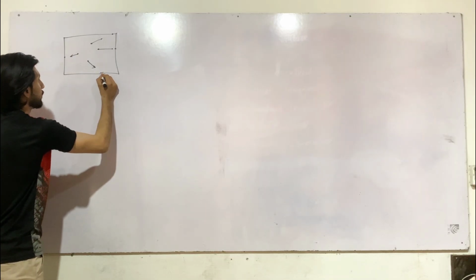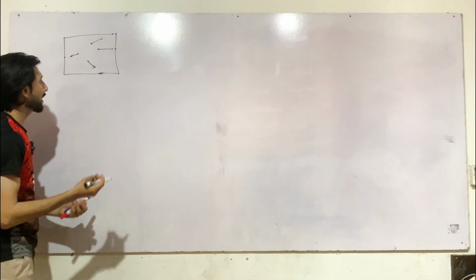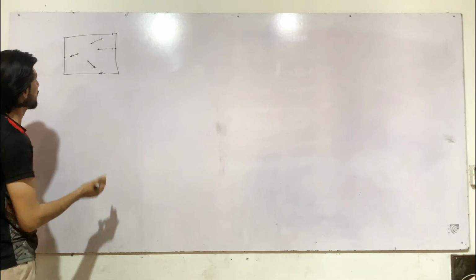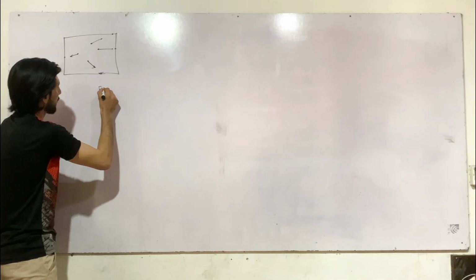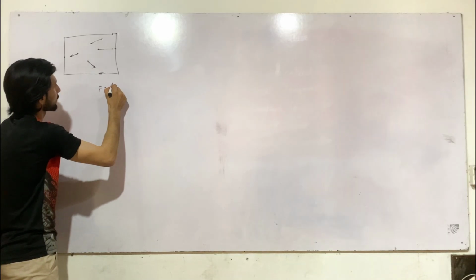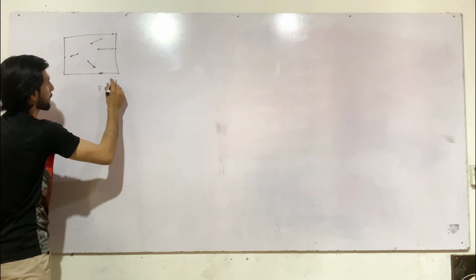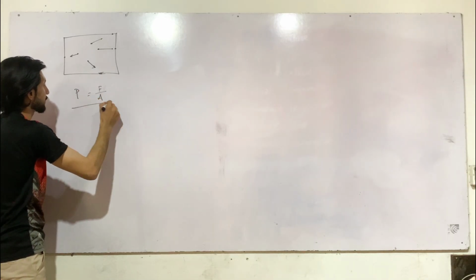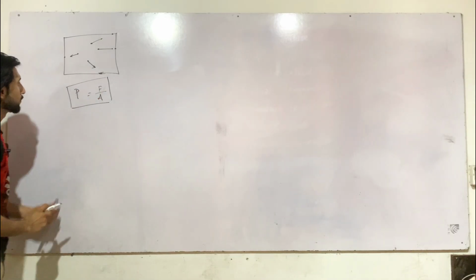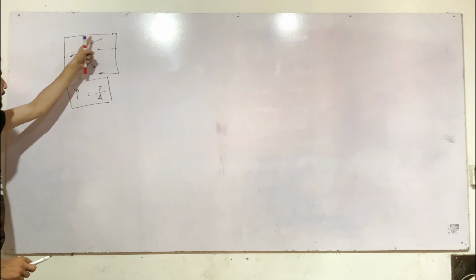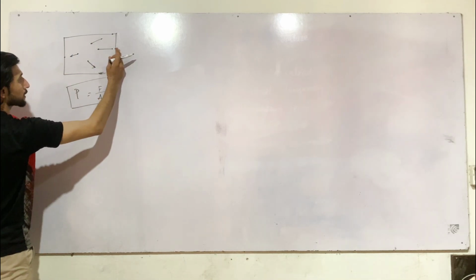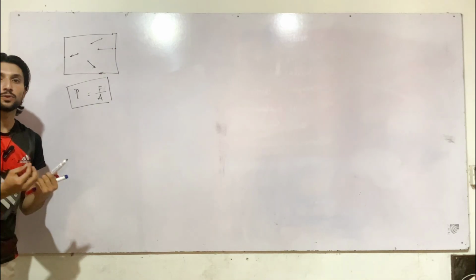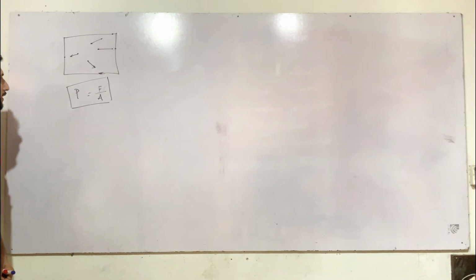So this force, which is applied by this tiny particle, I call it a molecule, the sum of these forces per unit area, is called pressure. The force that is applied by these tiny particles on the wall of my box, I call this pressure.